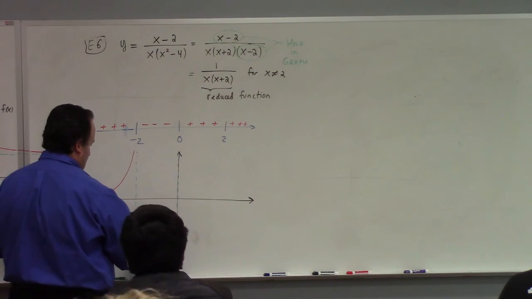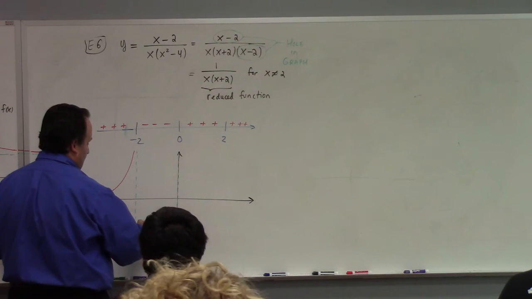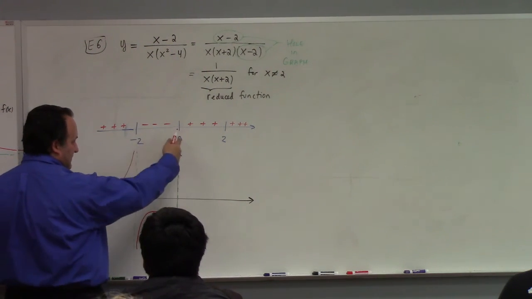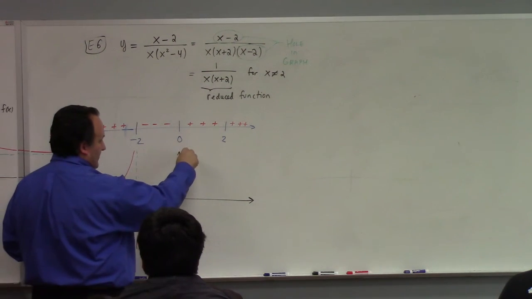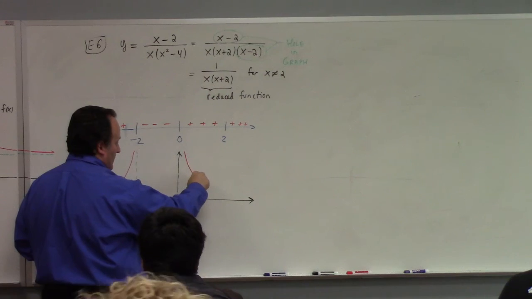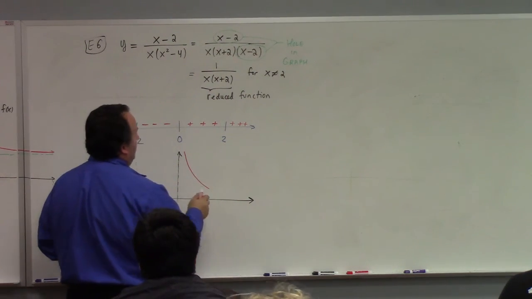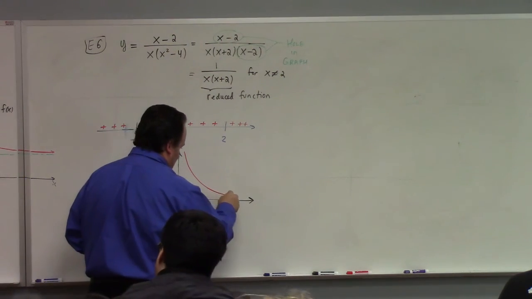And it stays negative, right? So it's got to turn around. It never gets to the x-axis between minus 2 and 0, so it has to bend back like that. Then it bends up here, like so. Then it does like this.